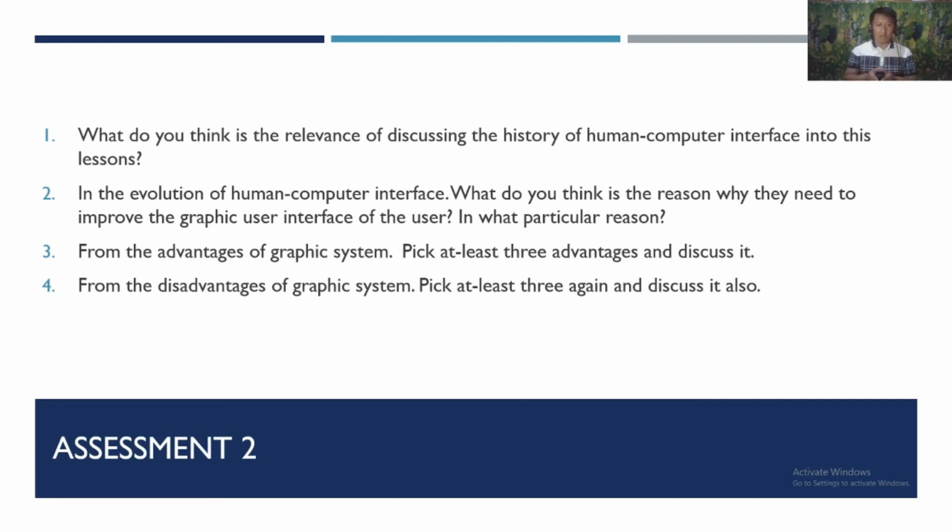For what particular reason? Okay, from the advantages of the graphic system, pick at least 3 and discuss them. The last one, from the disadvantages of the graphic system, pick at least 3 again and discuss them also.